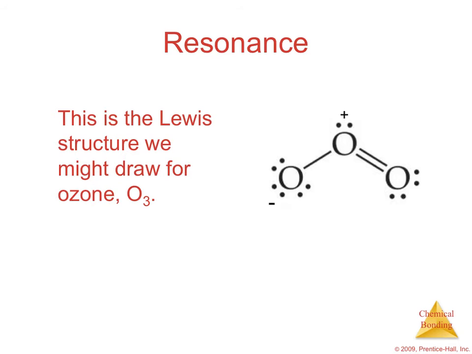If you draw out the Lewis structure for ozone, okay, 3 oxygens bonded together, and you follow those rules, you're going to end up with a structure like this, and the plus and minus are just the formal charges.